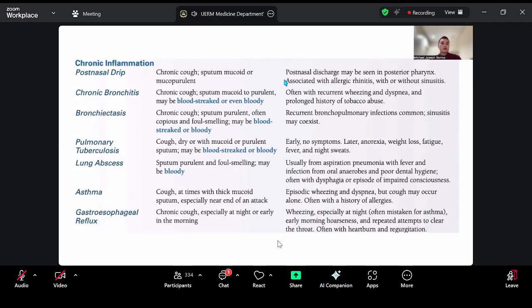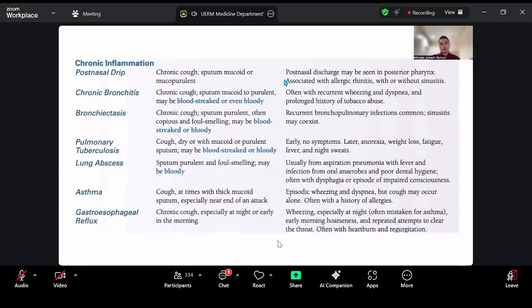GERD, or your gastroesophageal reflux disease, as discussed earlier, the acid can go up to the pharynx and into the tracheobronchial tree, which can induce inflammation of the airways. And when the airways are inflamed and edematous, they can produce wheezing at night, usually when the patient is supine, which can be mistaken for asthma.